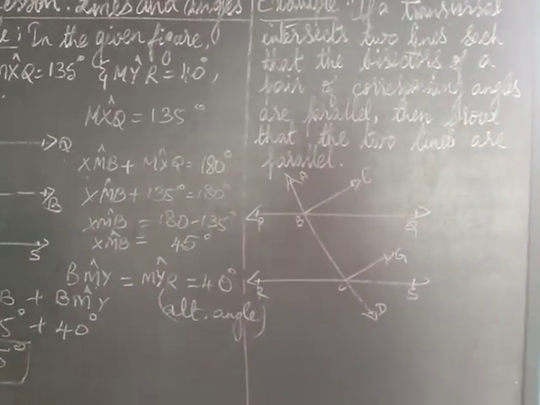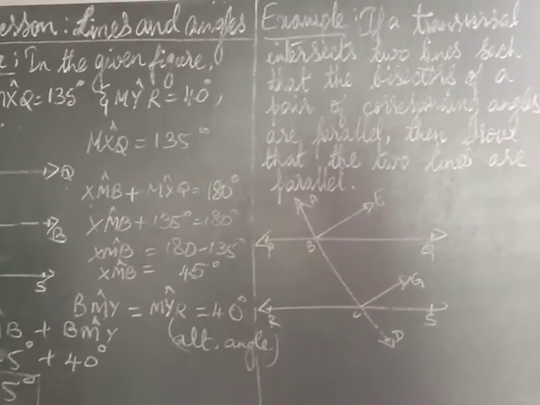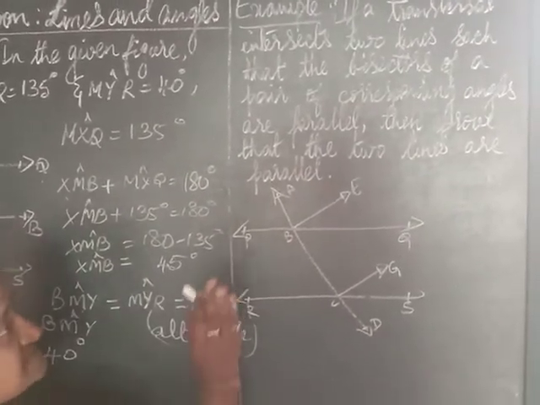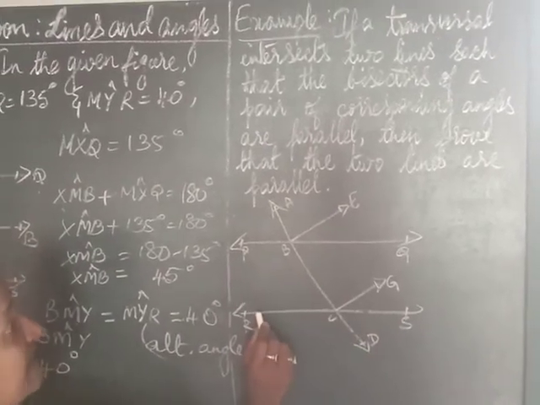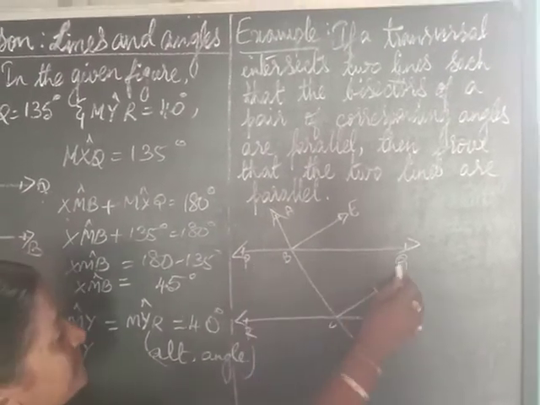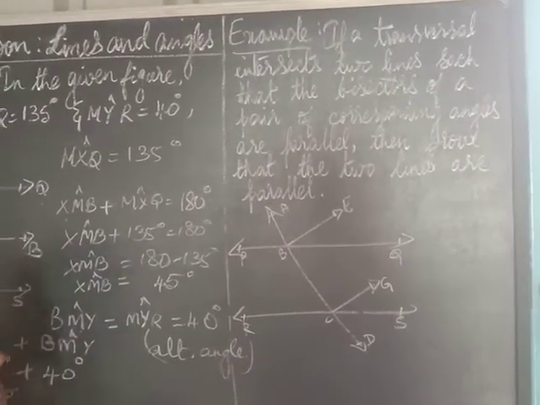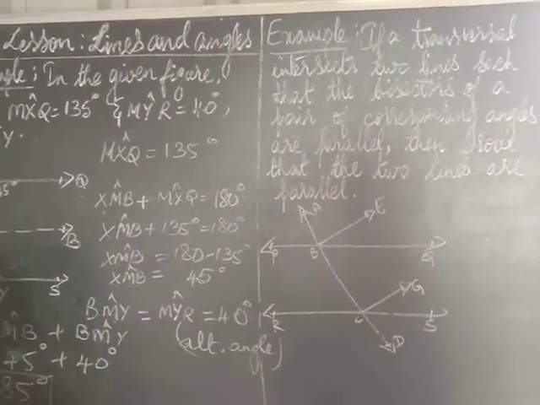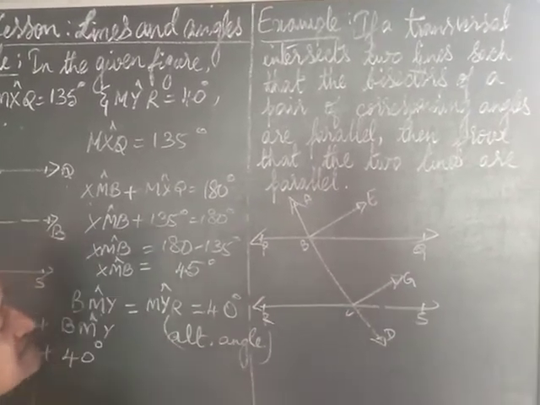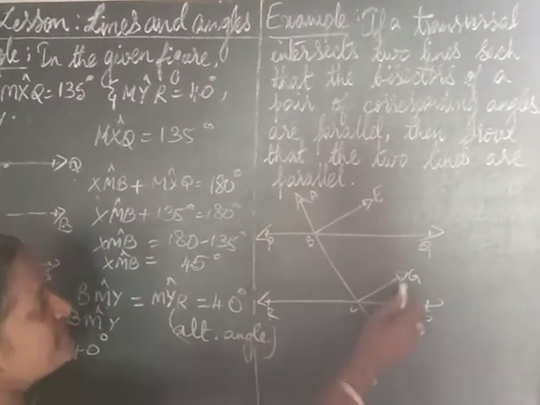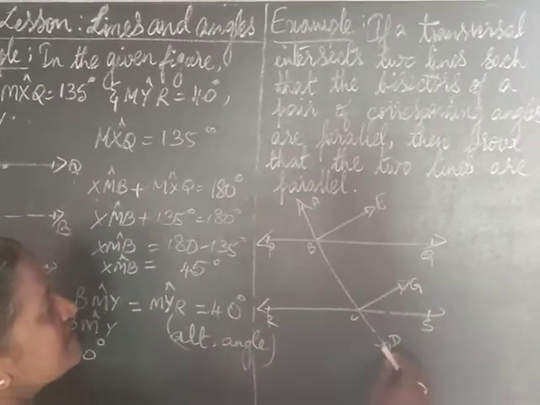You must understand this very well, children. They have not told us that PQ is parallel to RS; we have to prove it. They have given the two bisectors BE and CG, and the transversal AD.